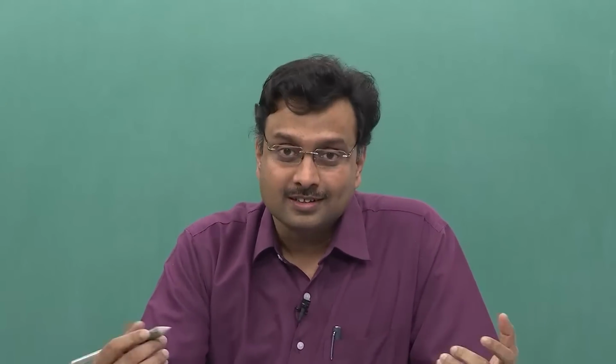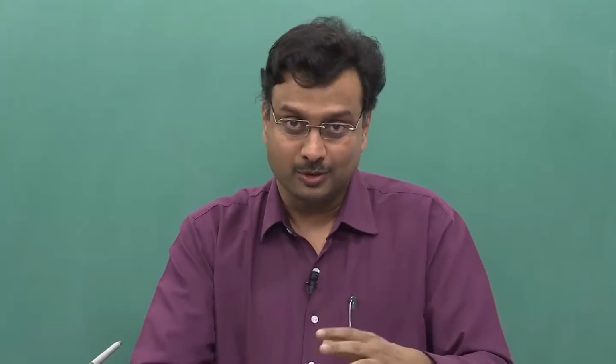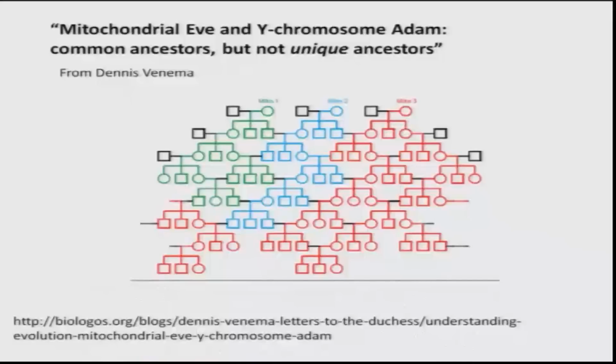So why is it so easy to test this hypothesis using the Y chromosome and mitochondria? Because of this fact. For example, you have different mitochondria, meaning they have a difference in the DNA sequence, in 3 individuals, and they keep marrying, and you have a large population. By looking at the sequence difference, you will be able to trace who could have been the original mother who seeded the mitochondria, because always the mother contributes the mitochondria to the next generation.